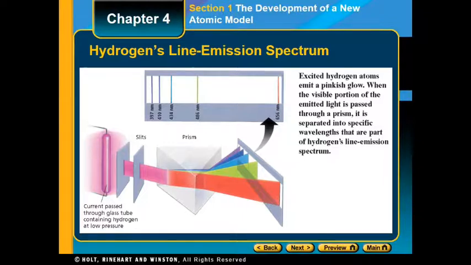You know, just from working with different inks, if you mix yellow and blue together, you get green. If you mix red and blue together, you get purple. Light works in a very similar way.